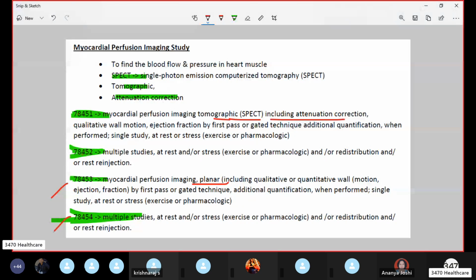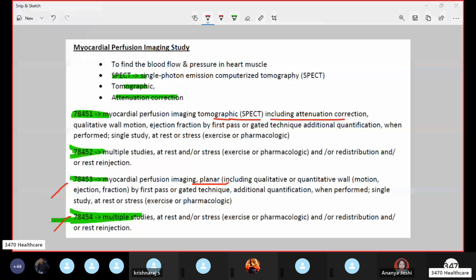Everyone, go and check inside the book what page number these codes are present. Please check page number 565.